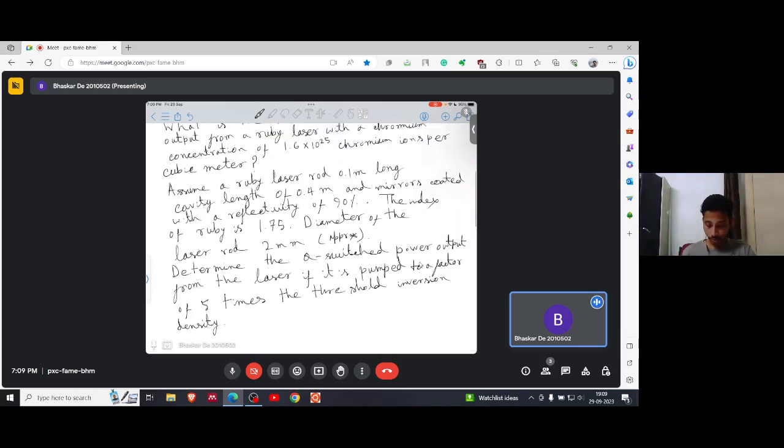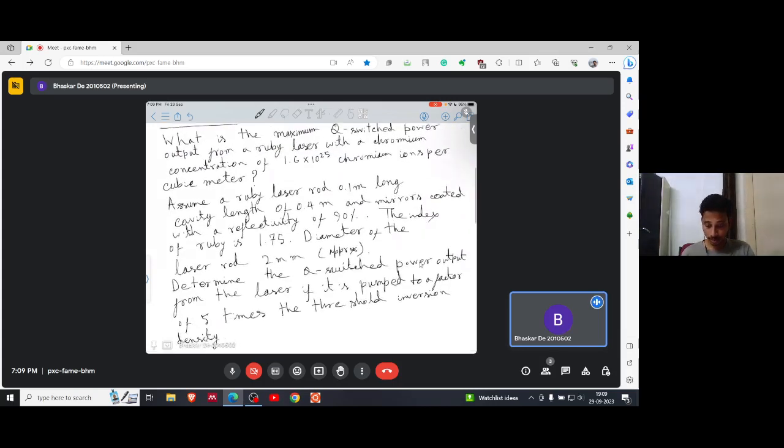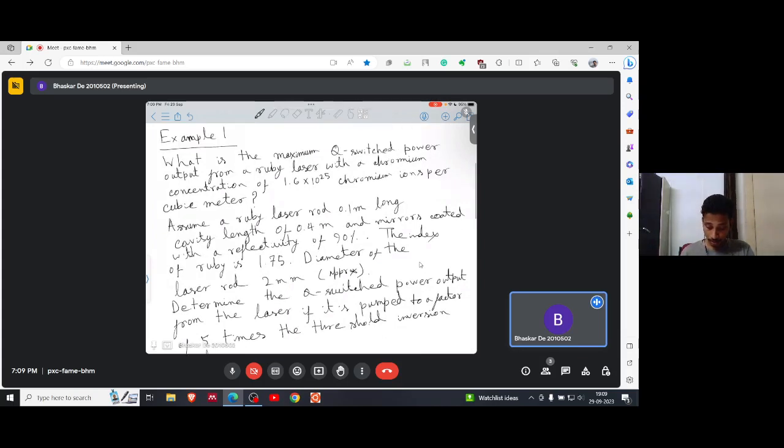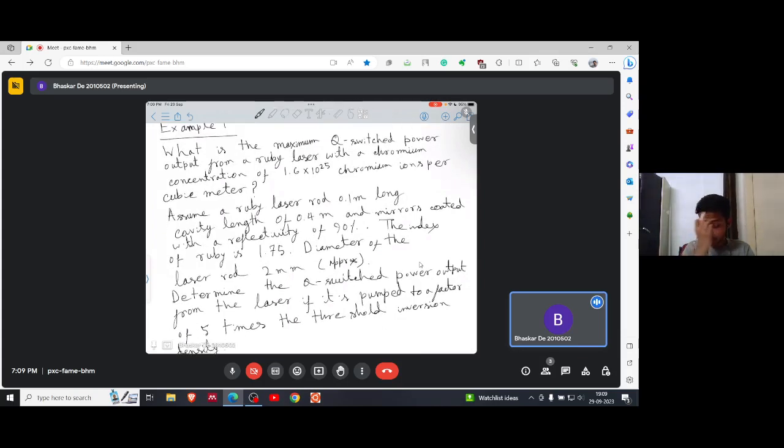Okay, so the statement of the problem is very big to be precise. The first question is, what is the maximum Q switched power output from a UV laser with a chromium concentration of 1.6 into 10 to the 25 chromium ions per cubic meter.